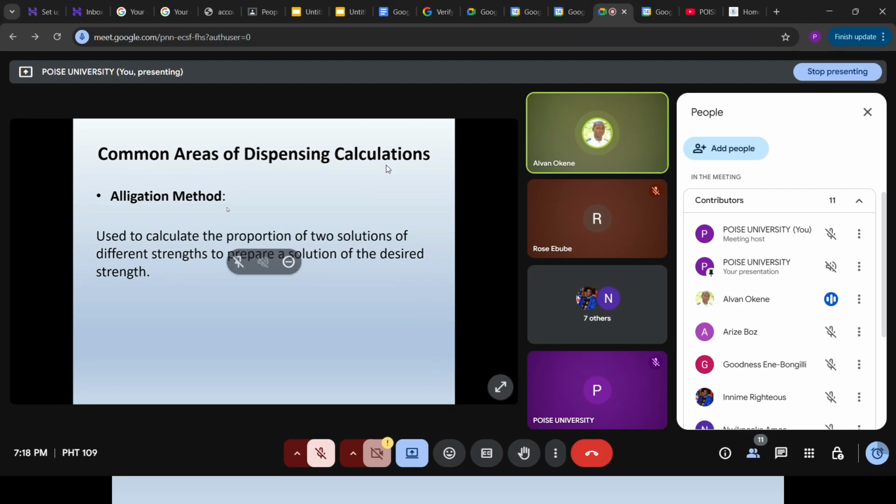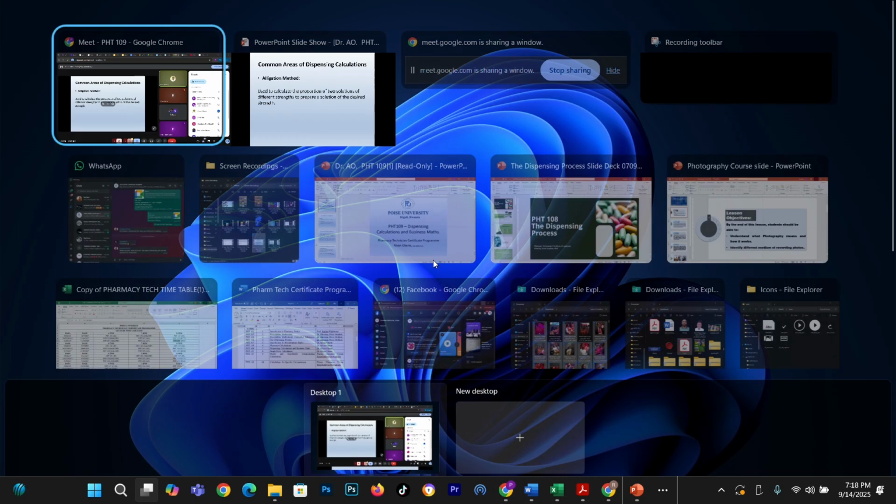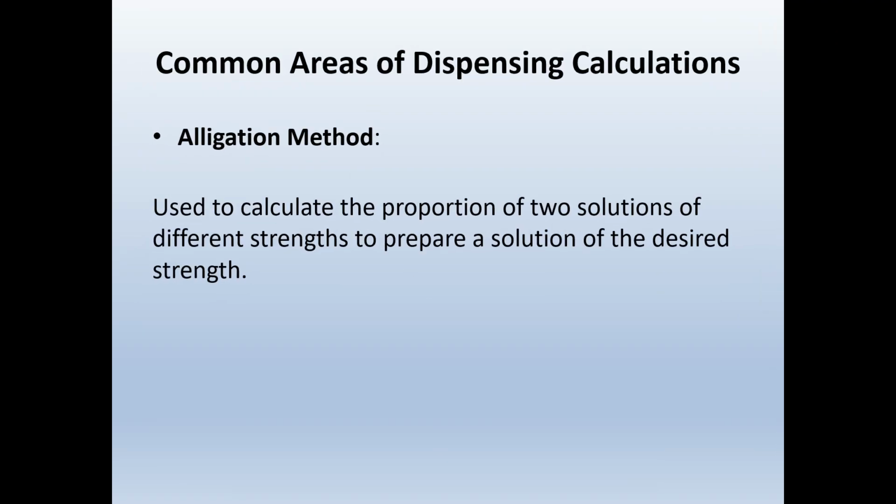We can also apply dispensing calculation in the area of percentage strength.